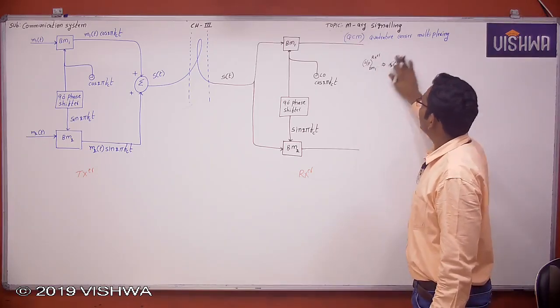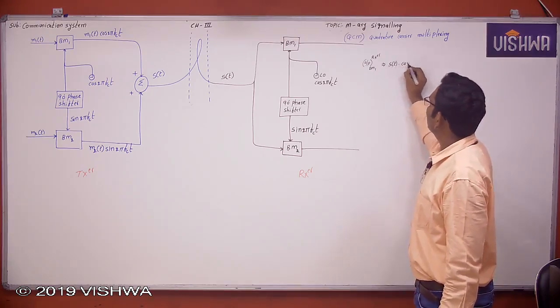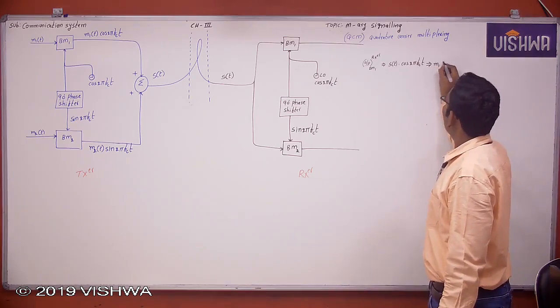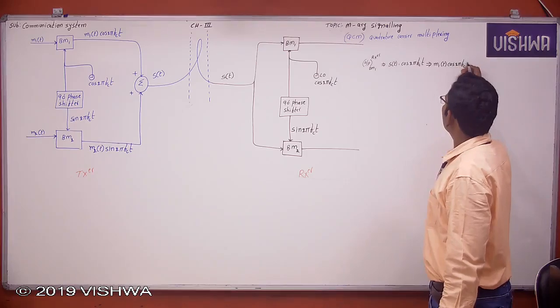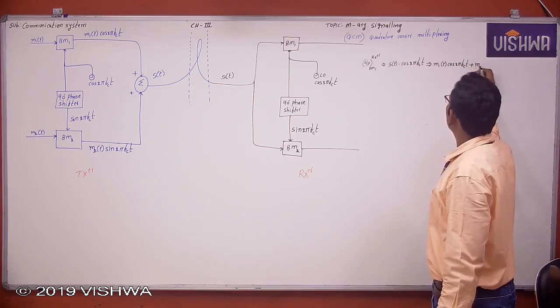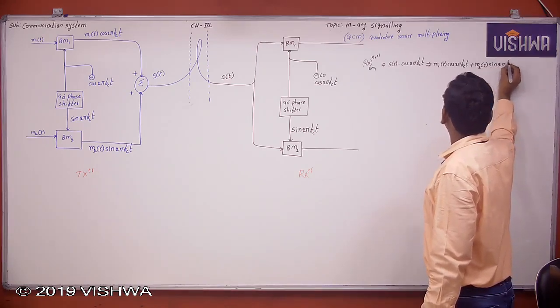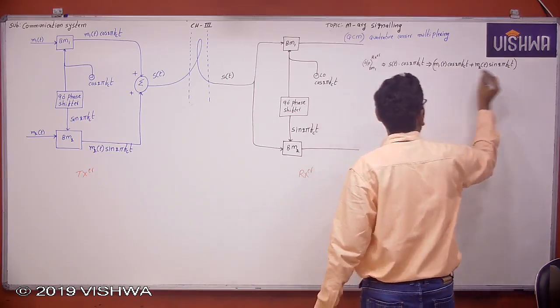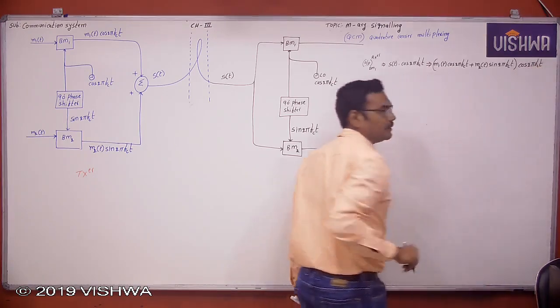S of t, the modulated signal S of t, multiplied with cos 2 pi fct, which is nothing but m1 of t into cos 2 pi fct plus m2 of t into sin 2 pi fct, multiplied with the local oscillator generated signal, which is cos 2 pi fct.